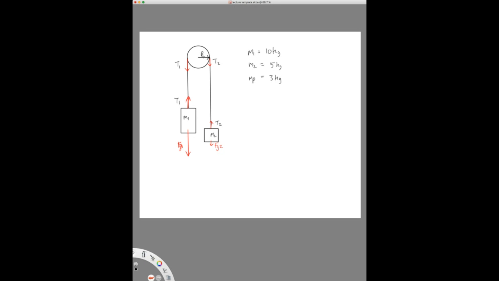Radius r to the pulley, we can see that the tension is making a right angle to that radius. And it's going to make a right angle on both sides. So that will make our torques fairly easy to compute.